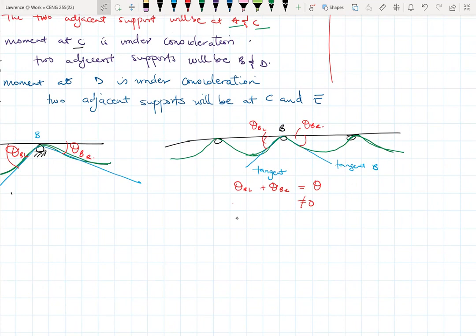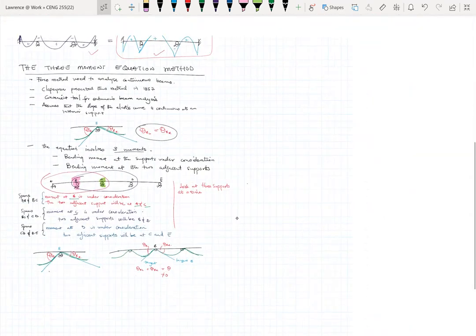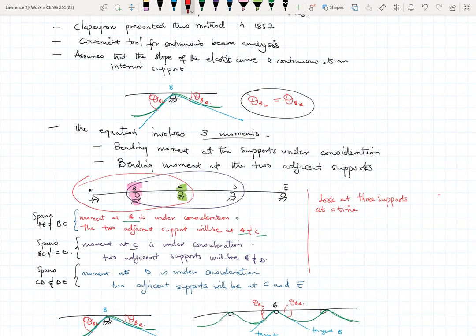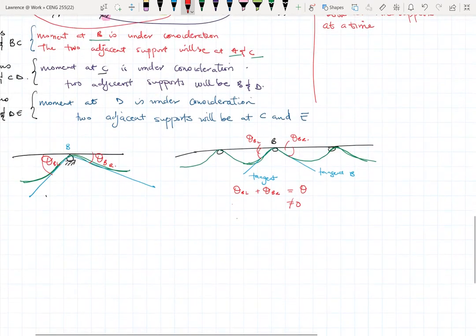In reality, the two slopes are not the same because of these discontinuities, but again, as I said earlier, that makes it difficult to do meaningful calculations. So as part of our analysis, we assume that the slope of the elastic curve is continuous at any interior support. What it simply means is that this elastic curve here doesn't break, it continues all the way.